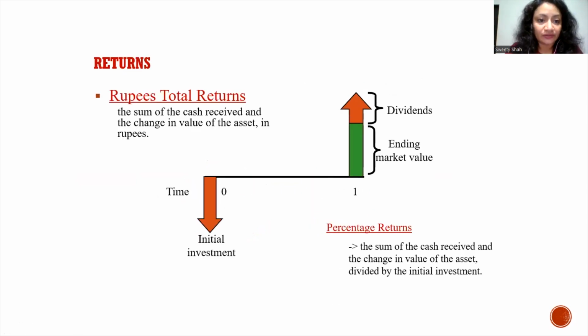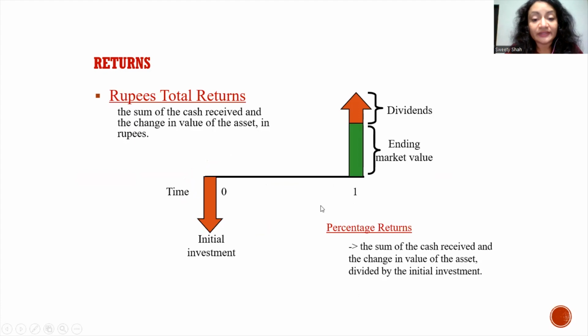If you want to calculate the total return, let's understand with the help of a timeline. Suppose you had invested in certain investments at time 0 and your holding period is 1 year.